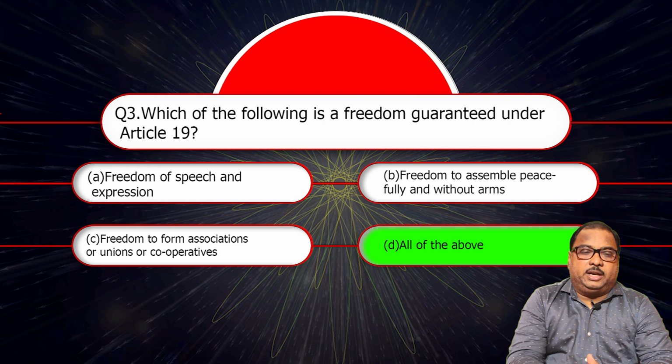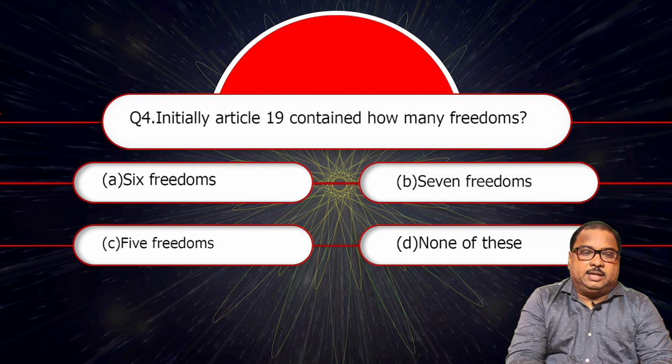Let us move on to our next question. Initially, Article 19 contained how many freedoms? Option A, 6 freedoms. Option B, 7 freedoms. Option C, 5 freedoms. Option D, none of these. Your time starts now.